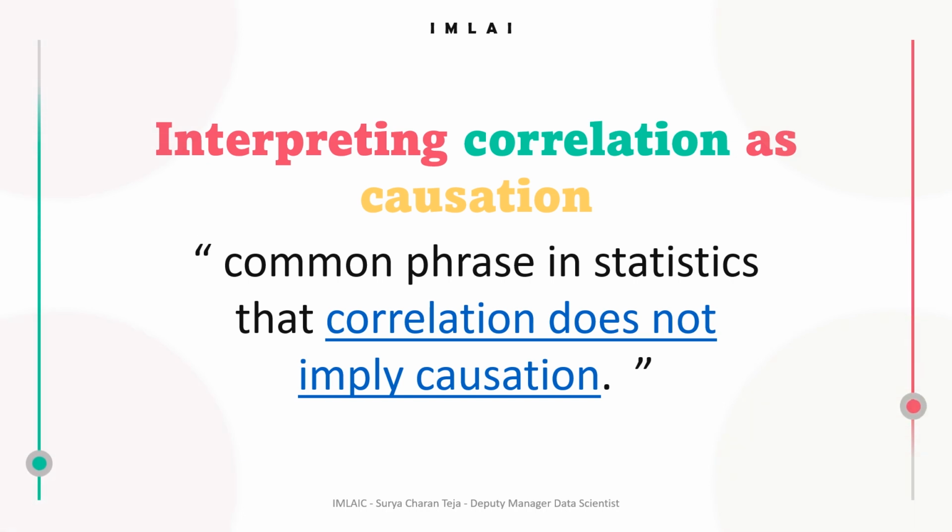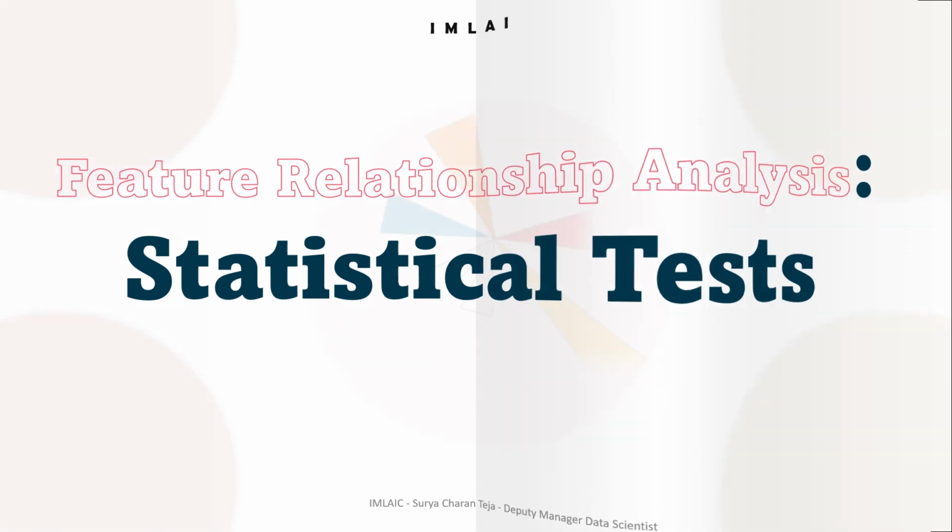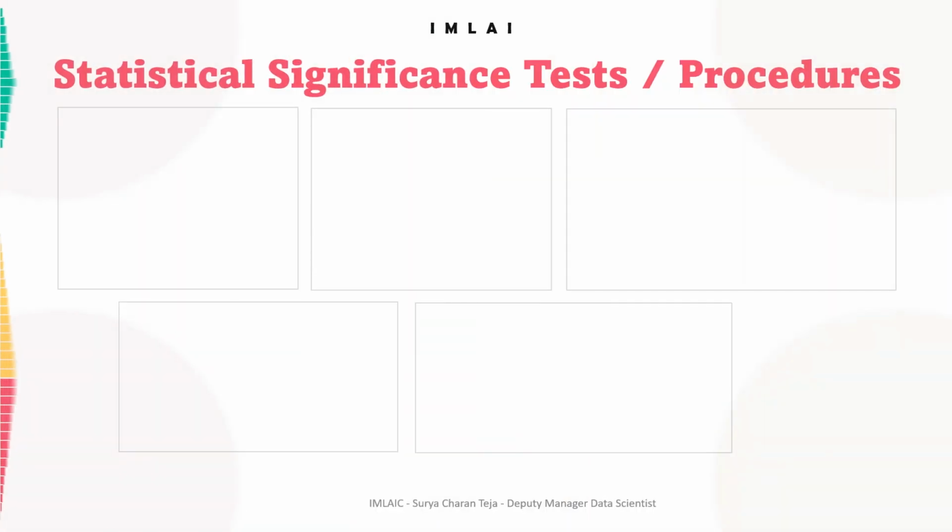So for that, what we require is statistical tests, a feature relationship analysis under that statistical tests. So what all statistical tests we use? So statistical significance tests or statistical procedures.